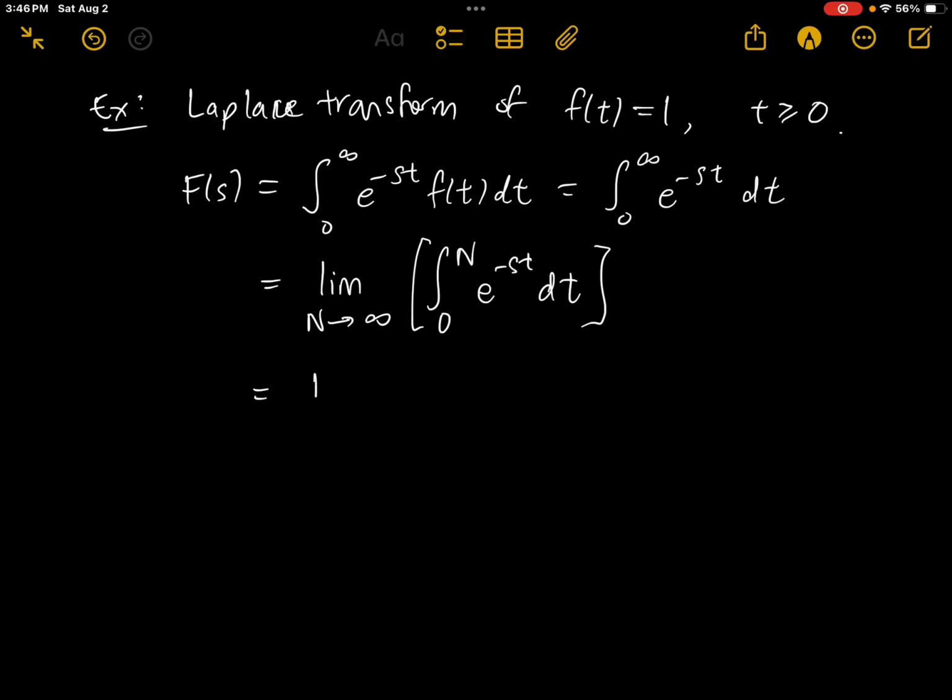So this is going to be the limit as n goes to infinity of the integral. We're integrating with respect to t, and we're treating s as a constant. So you're going to get negative 1 over s e to the minus st. Do we agree with that? Because when you take the derivative, because of the chain rule, you're going to multiply by minus s, and then that's going to cancel with the negative 1 over s. So you're going to get that evaluated from 0 to n.